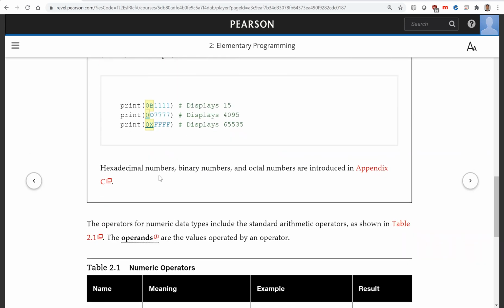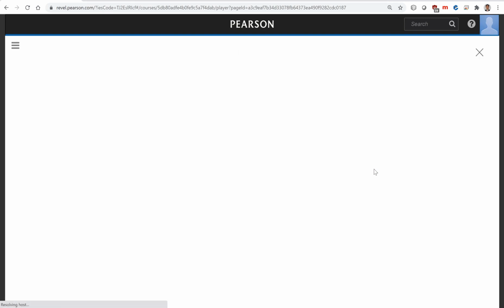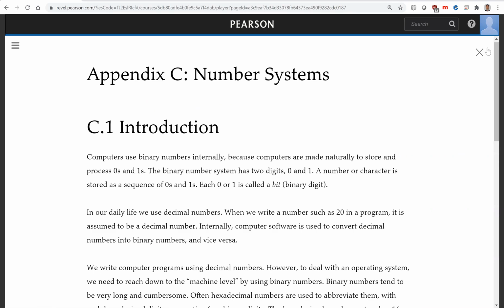If you're not familiar with the number systems, hexadecimal numbers, binary numbers, and octal numbers, please see Appendix C, number systems.